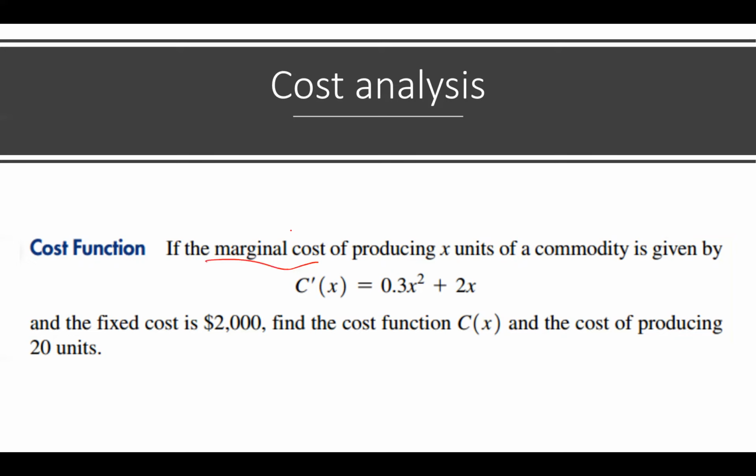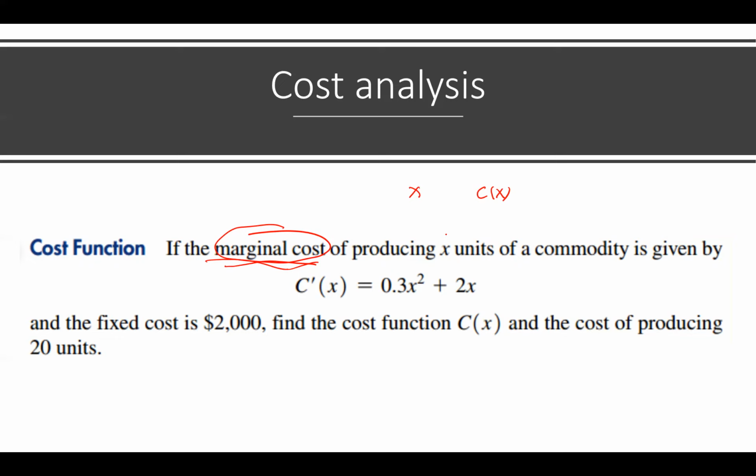What is this marginal cost? We talked about in the previous lectures that this measures the sensitivity. We have two entities: X represents the units of a commodity produced, and we have the cost along with this production. Producing different units gives different costs.